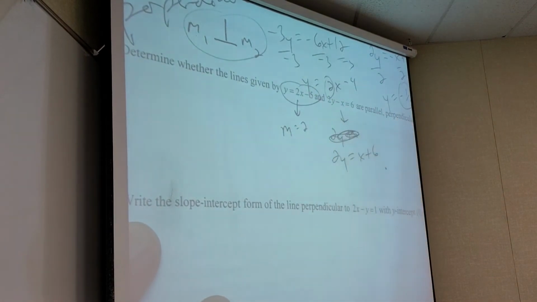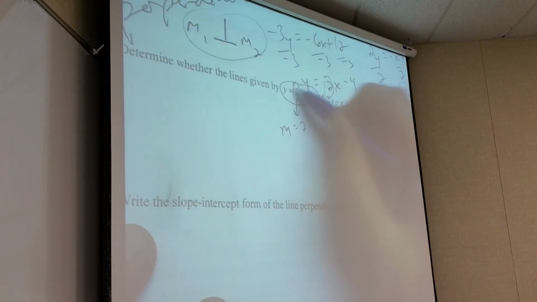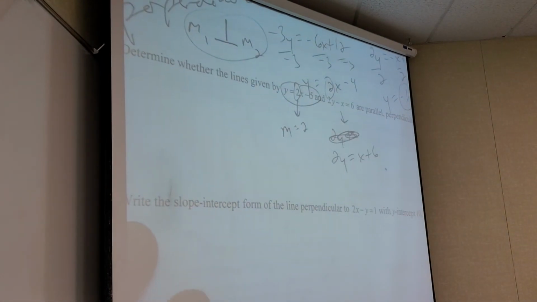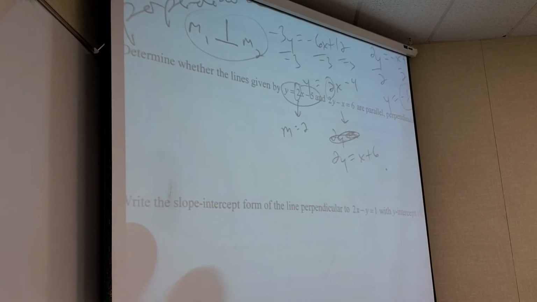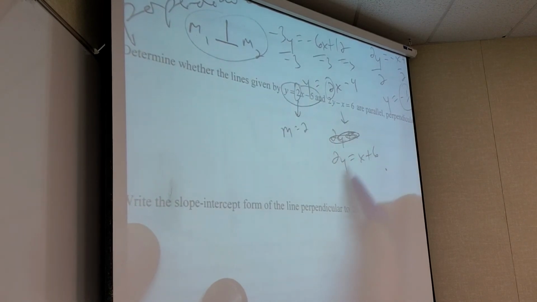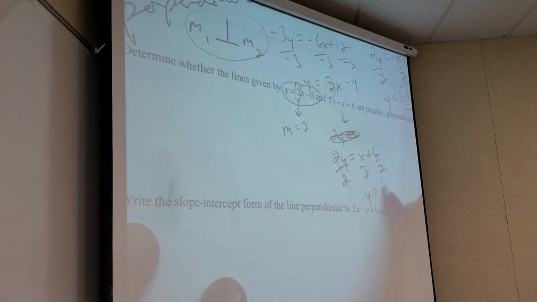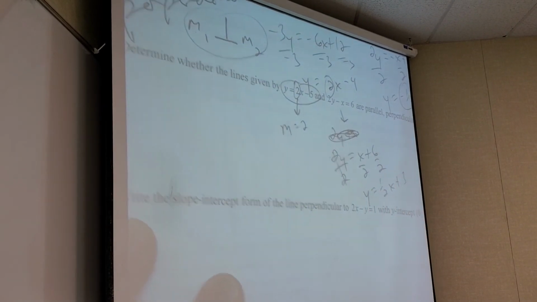It's solved for y, which means it's y equals mx plus b, so I can see m is 2. If there was a number with a y, I would divide it away. It's just like here, there's a 2 in front of the y. So I kill the 2. Y equals 1/2 x plus 3. Are they parallel?